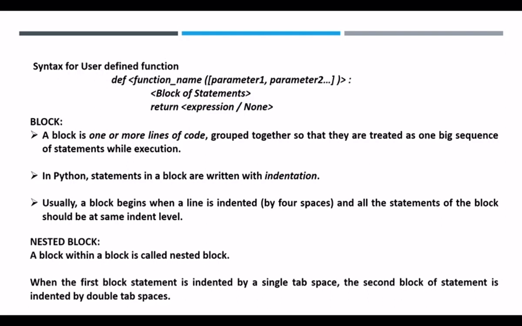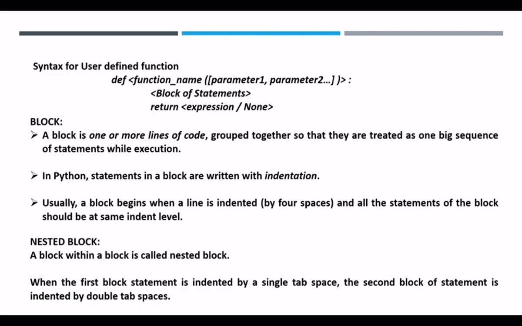What is a nested block? A block within a block is called a nested block. That means when we have some set of statements, we have to add some other set of statements within that same function. Such blocks of statements are known as nested blocks.